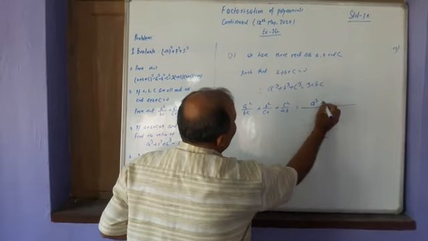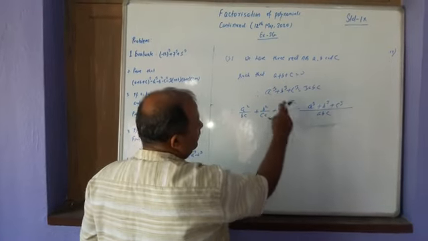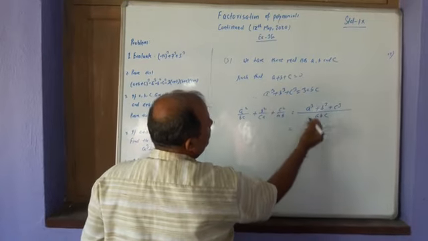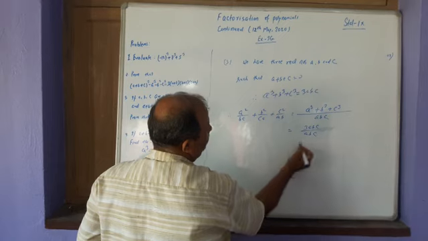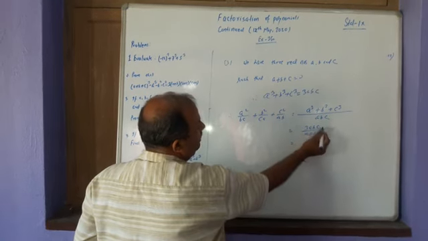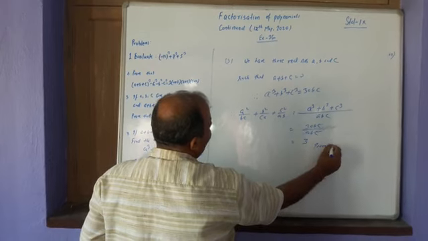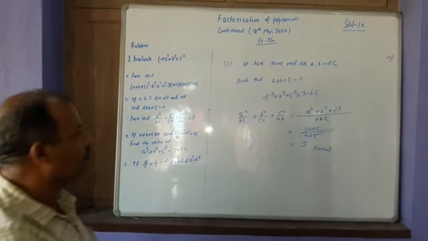In the same way we will find B cube and C cube. Just here A cube plus B cube plus C cube is equal to 3ABC, and therefore we will write 3ABC, here ABC. ABC will be cancelled by ABC, we will be left with 3. True?